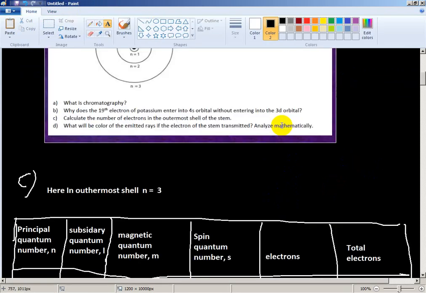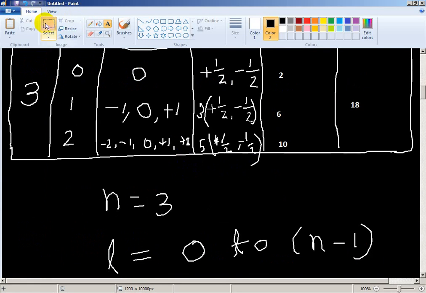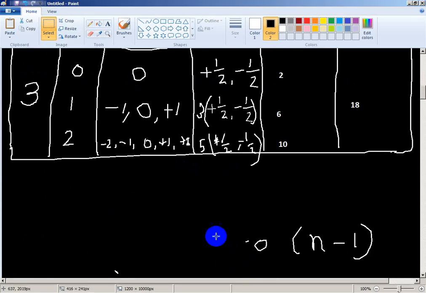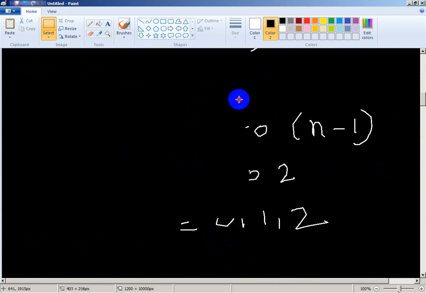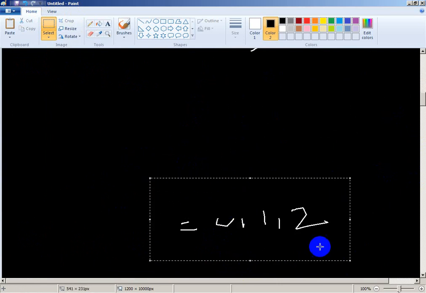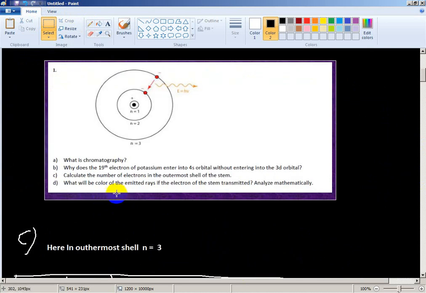Calculate the number of electrons in the outermost shell of the atom. Done. Now I'll do the next question, question number D. What will be the color of the emitted ray if the electron of the atom transitions from this higher energy orbit to this orbit?